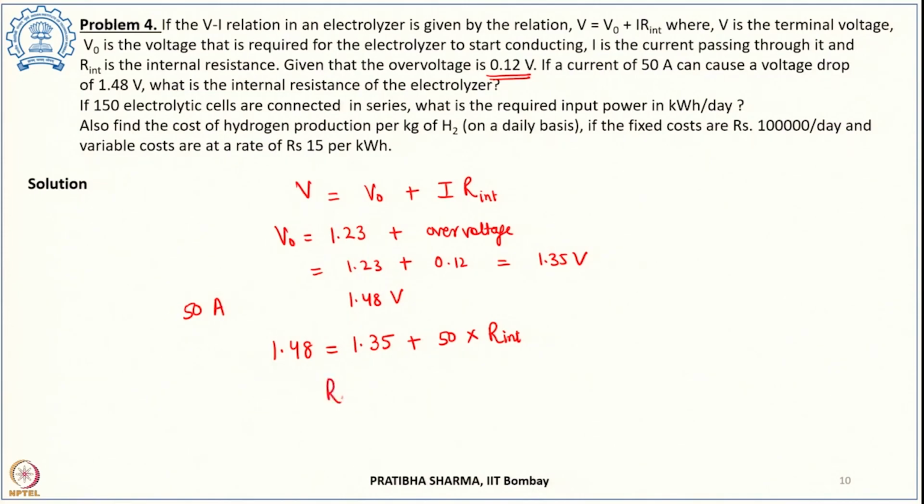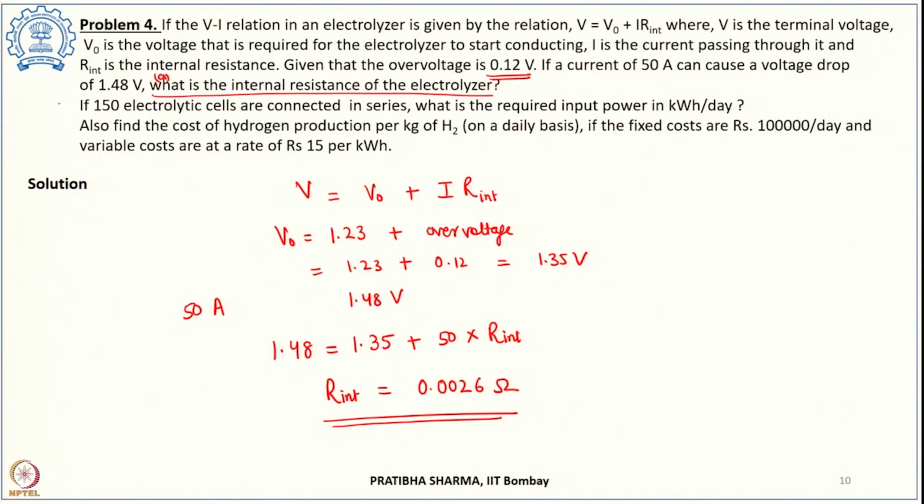Solving this gives the internal resistance of the cell as 0.0026 ohm, and that is what is desired in the first part. So we had to find out the internal resistance of the electrolyzer.